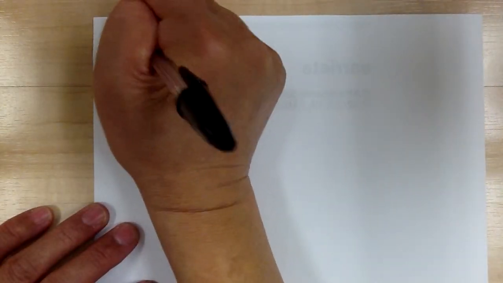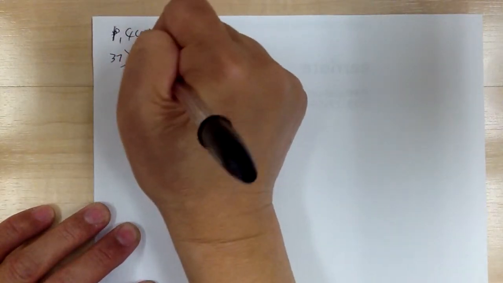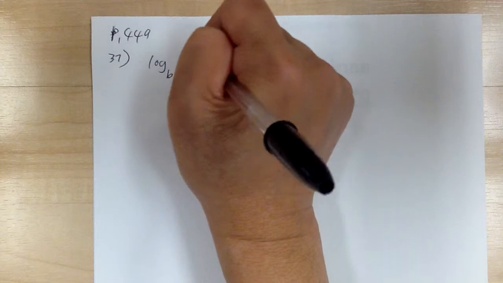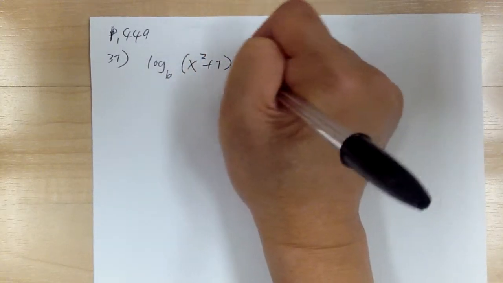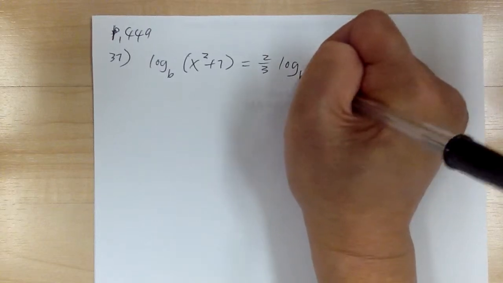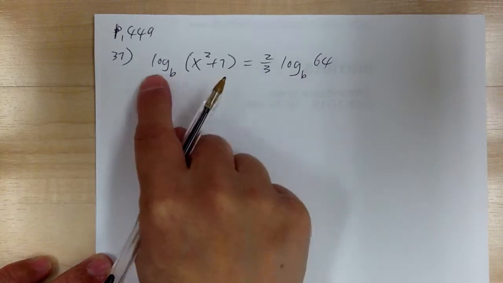So let's go to 37. You've got log base b of x squared plus 7 equal to 2/3 log 64b. Right now you cannot match because there's a number in front, and this one doesn't have one, right?